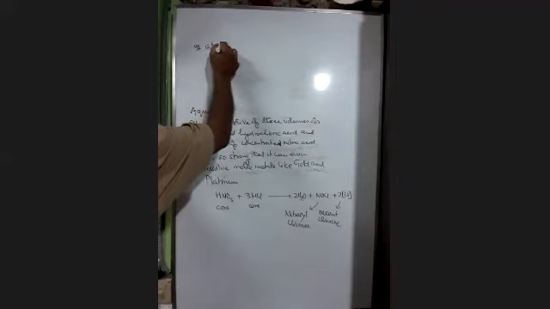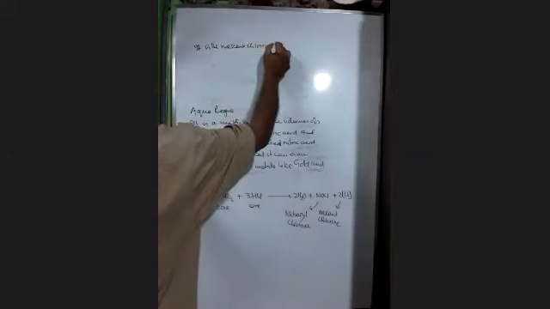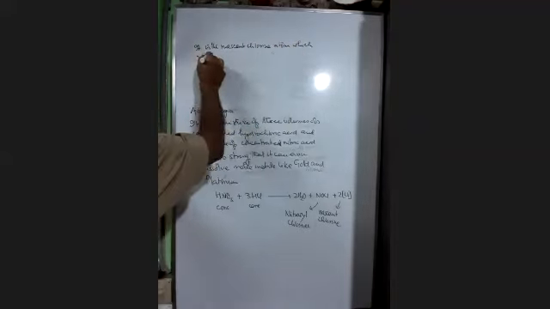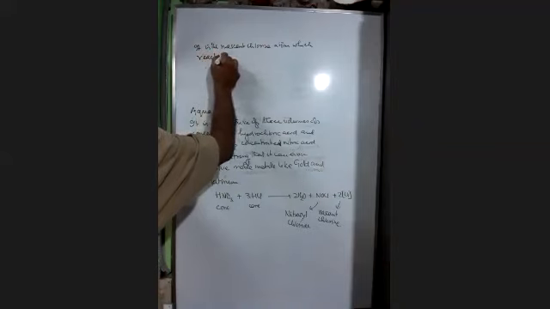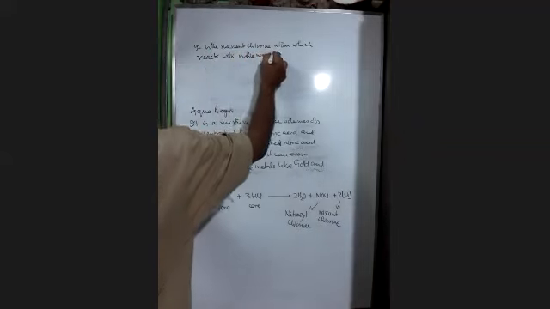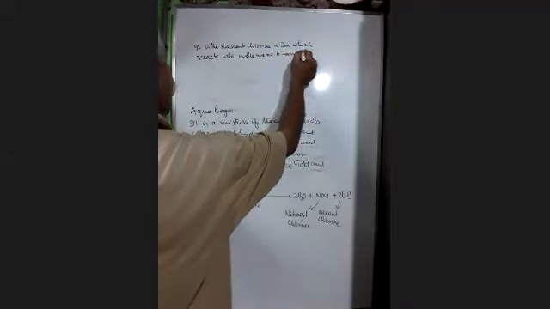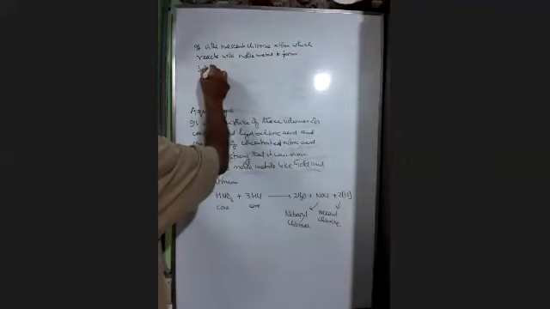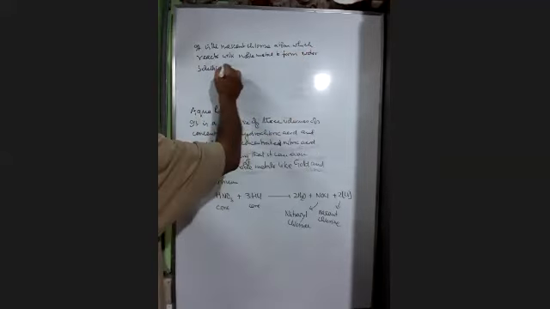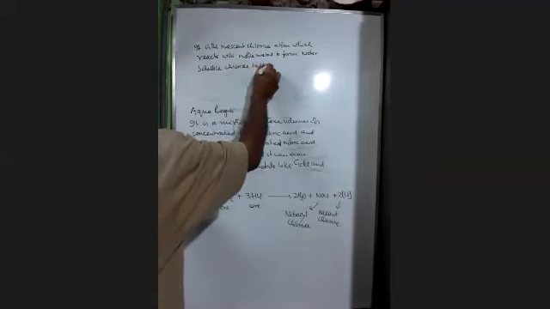It is the nascent chlorine atom which reacts with noble metal to form water soluble chloride salts.